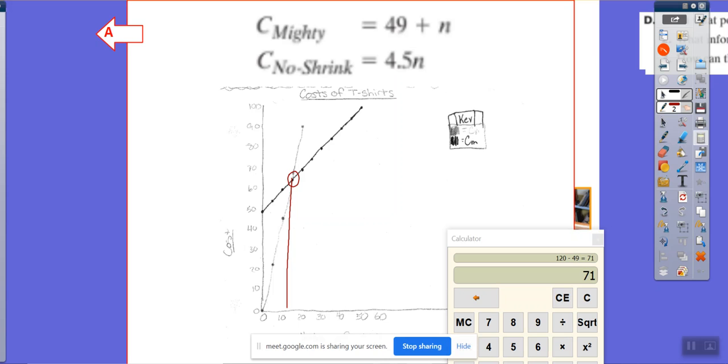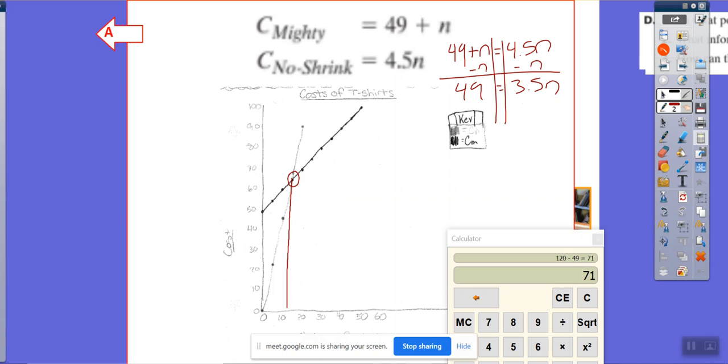So there's another way, right? We can say 49 plus N is equal to 4.5N. All right, well, using our logic here, we can subtract N. So we get 49 is equal to 3.5N.